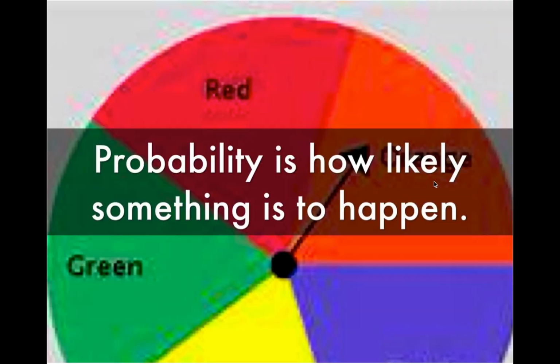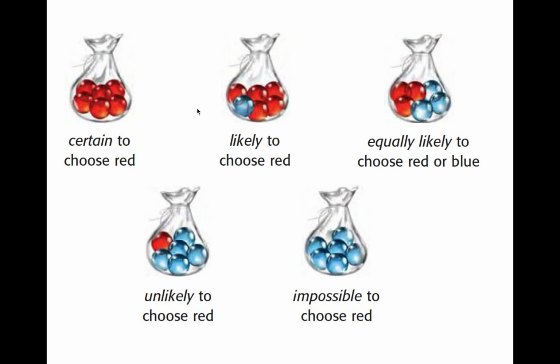Okay, now let's have a look. Probability is how likely something is to happen. So we did this, and this is what probability is. Now, if you look at this example, there are 5 pictures. Now, how to describe probability? So if we have this bag of red balls, we are certain to get a red ball.